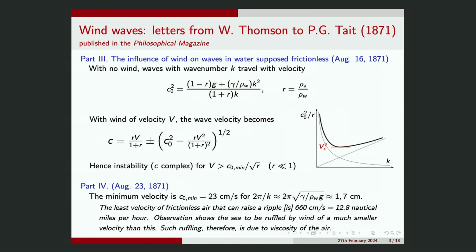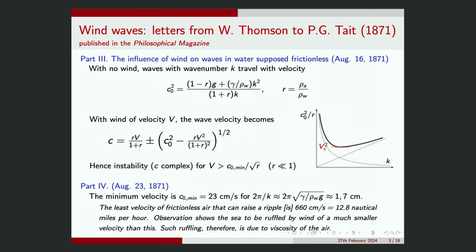When we introduce a velocity v for the wind, the wave velocity becomes this, and hence instability, that is a complex wave velocity c, for wind velocity greater than this value, which is the minimum velocity of the waves with no wind, divided by the square root of the density ratio.